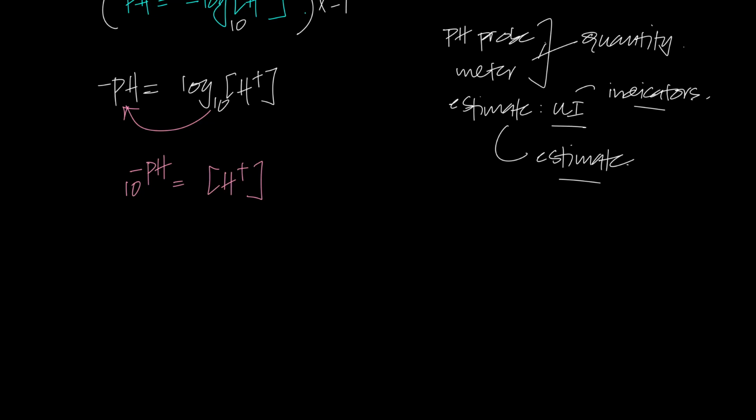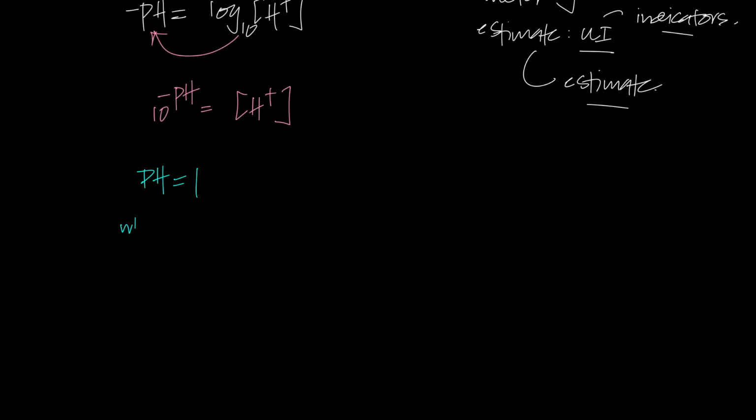So this is effectively the derivation that I wanted to do for you guys, right? This is actually one of the formulas which has been derived: 10 raised to the power negative pH equals the hydrogen ions' concentration, right? What this actually means is that if you have a pH of 1, what would be the concentration of hydrogen ions?